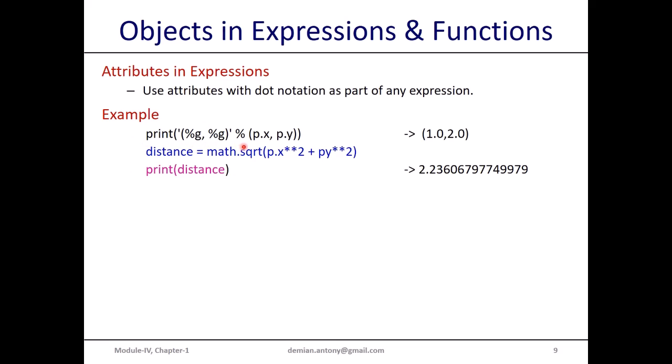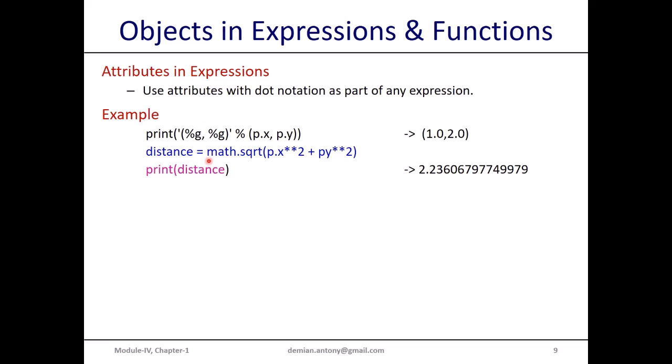To access these values and to print, we are using the dot operator, p dot x and p dot y, and this is actually a general format, and the parentheses are used to print the x and y as in the mathematical notation of a point, with 1, 0 and 2, 0. And this is also one form of expression which is found in the print function.